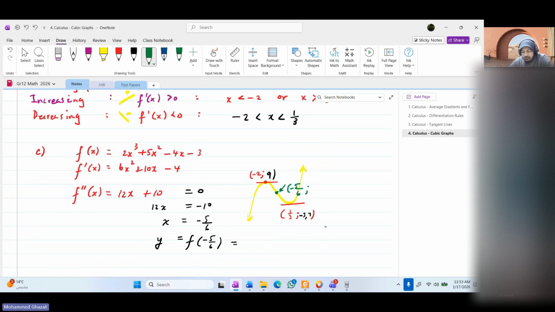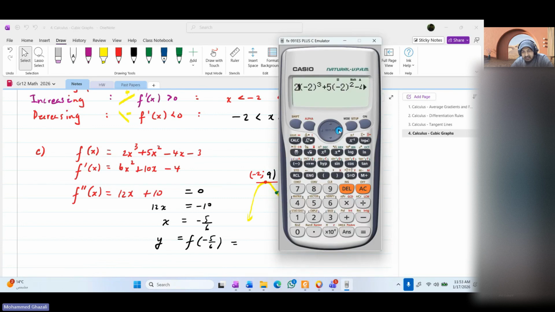And what's the y value? I need to substitute negative 5 over 6 inside here. Lucky I've got this. So that's negative 5 over 6, negative 5 over 6, and negative 5 over 6.